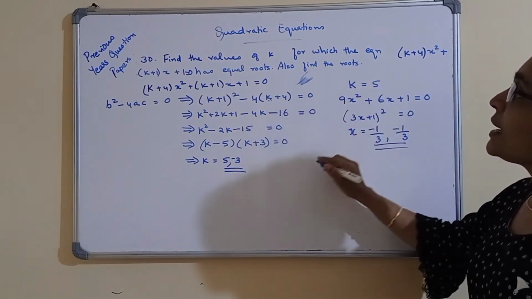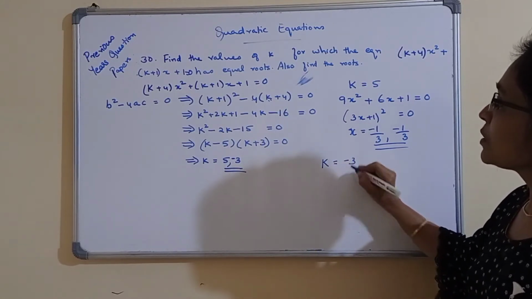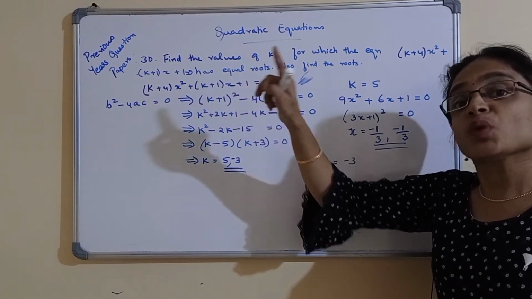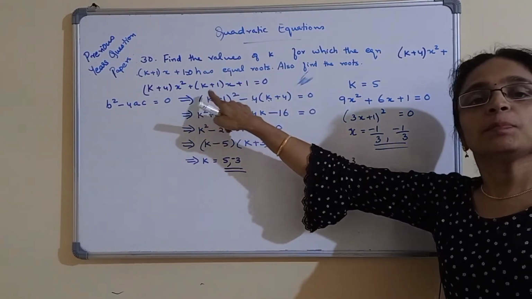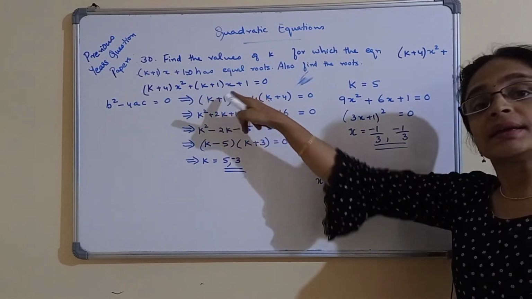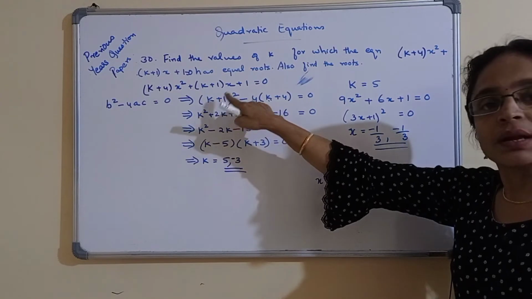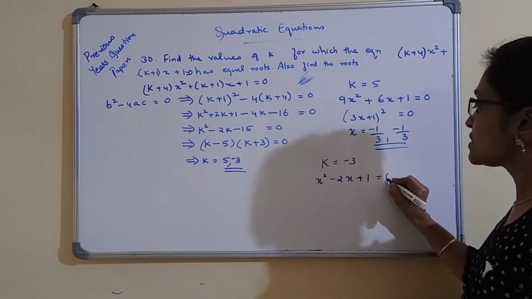Now when k equal to minus 3, what is the equation? Minus 3 plus 4x square, that is 1x square. Then minus 3 plus 1 is minus 2, so minus 2x plus 1 equal to 0.